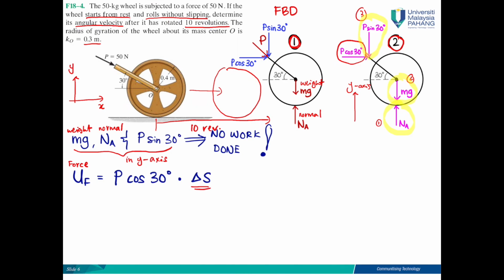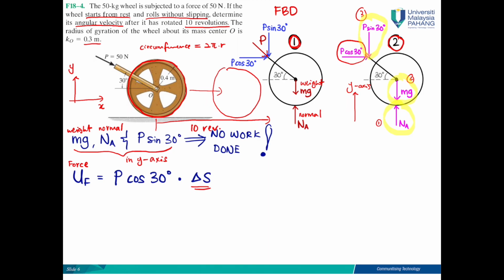As you know, the wheel here has a circumference, so you need to know what is the circumference of this wheel. The circumference is basically equal to 2 pi times the radius. That is for one revolution.